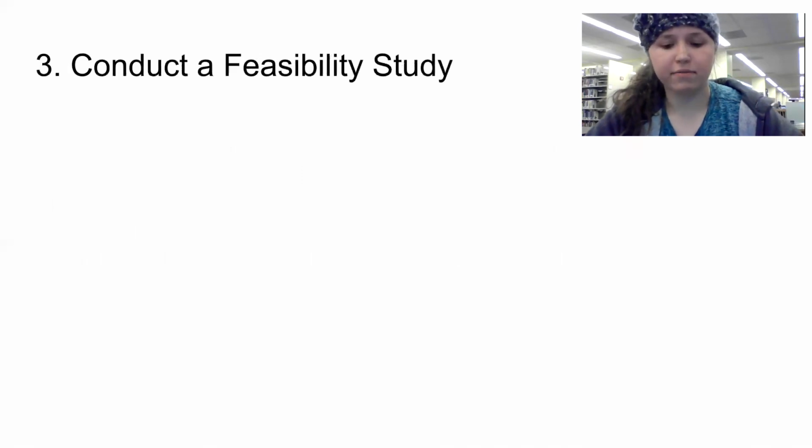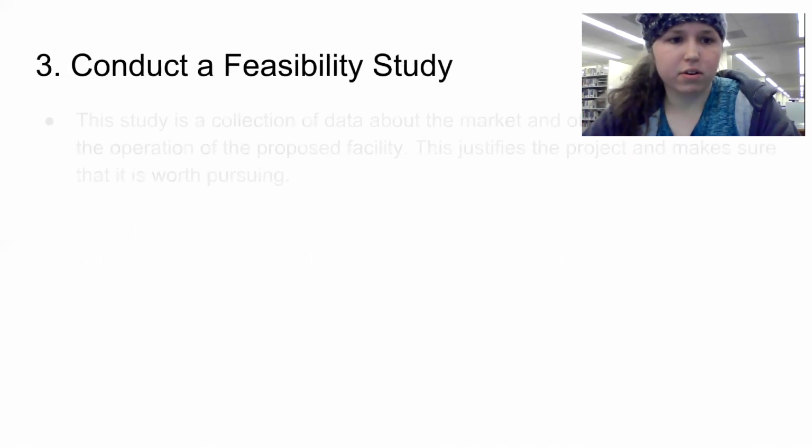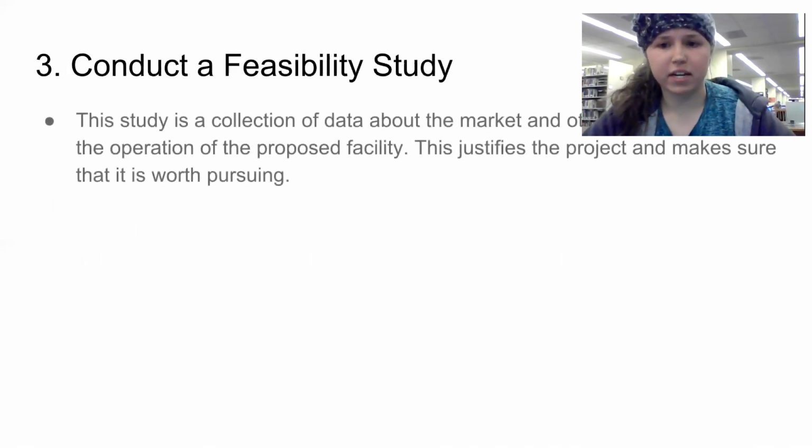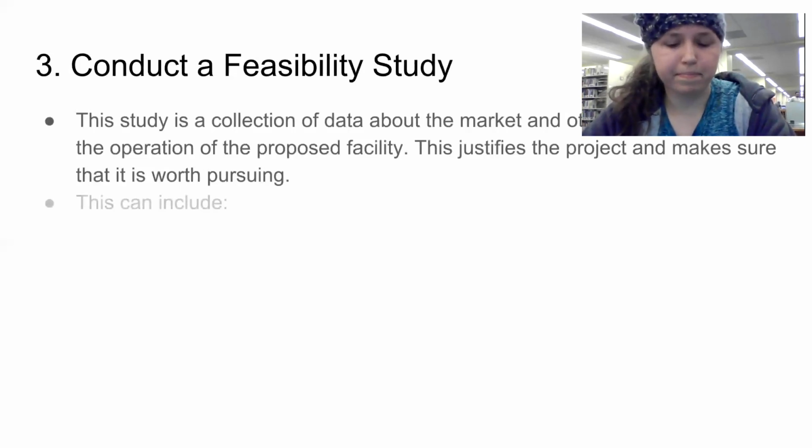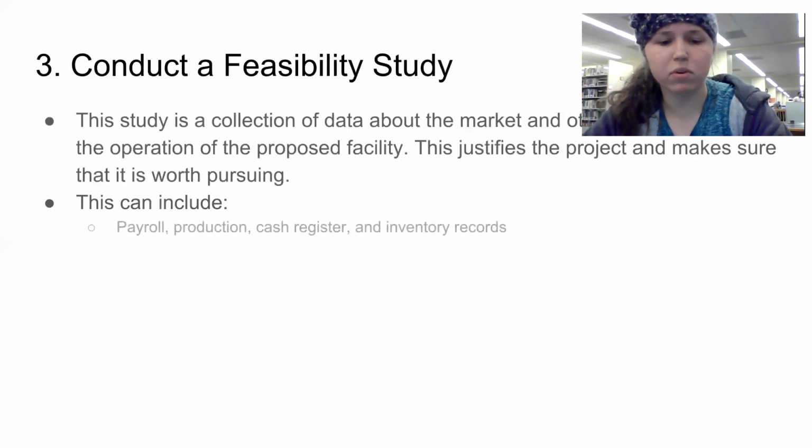After you have your group, you're going to conduct a feasibility study. Your feasibility study is a collection of data about the market and other factors related to the operation of your facility. It justifies the project to make sure it's worth pursuing. This includes things like payroll, production, and inventory records.